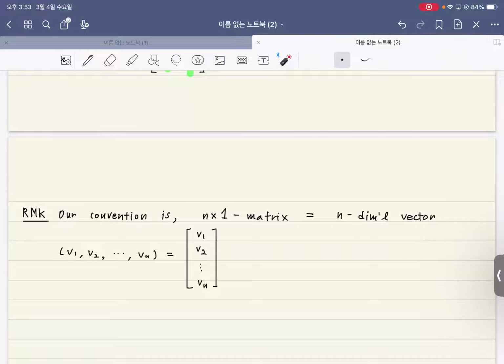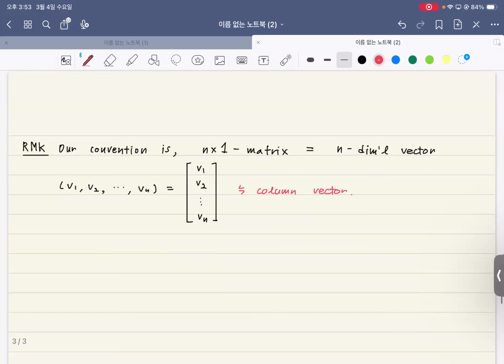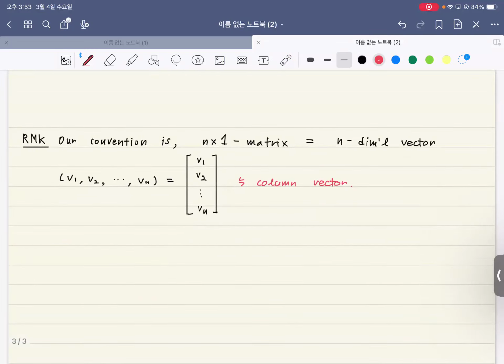This is what? This is an n by 1 matrix. It has n rows and it has just one single column. If your matrix has only one single column, then from time to time we call this a column vector. So our convention is that we identify this vector as this column vector. So this is called a column vector.